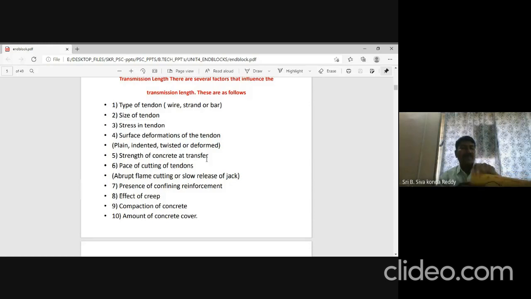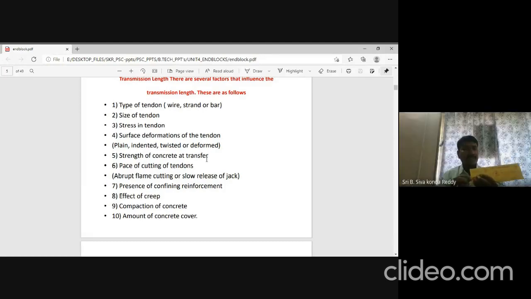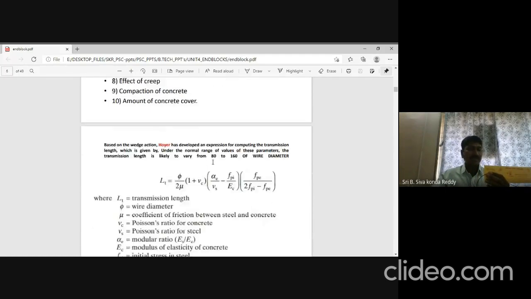Again, presence of confining reinforcement: if you confine your concrete, it increases the strength of the concrete, so automatically this increases bond stresses. Effect of creep, compaction of your concrete, and amount of concrete cover: all these are factors which are going to influence our transmission length.